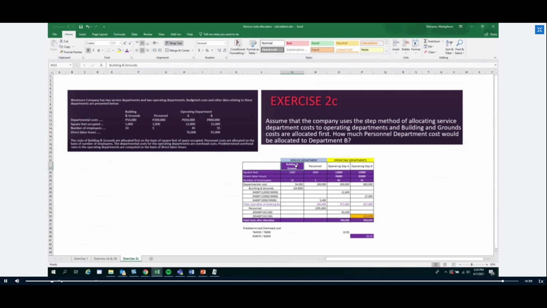But in reality, there could be a number of service departments, no? So, pwedeng 5 yan, pwedeng 6, or pwedeng 10. Ngayon, kailangan lang sabihin ng problem kung sino yung uunahin hanggang sa kung sino yung pinaka-last na i-allocate, no? So, step by step, kaya step down, no? Step method. Kailangan i-follow lang natin kung ano yung sinasabi ng problem.